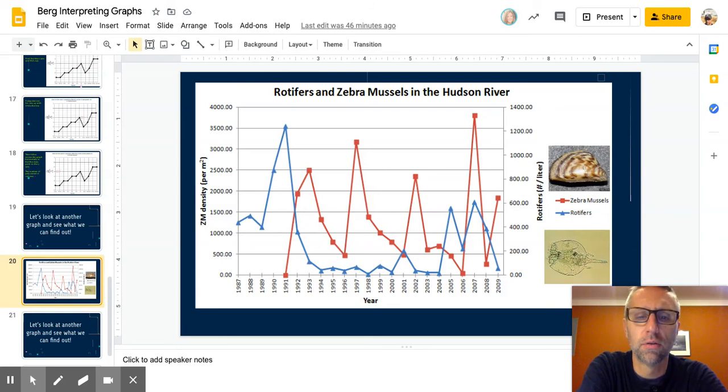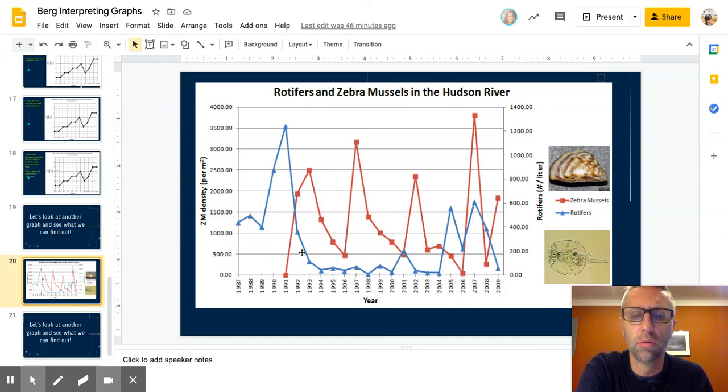All right. So I want you to go through the 3 steps. What do we look for? Look at the title, look at the X and Y axis, and then look through all of the lines. It's a little bit overwhelming if we just start looking at the lines going, whoa, there's red and blue and there's all kinds of things going on.